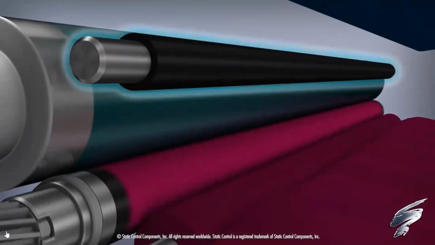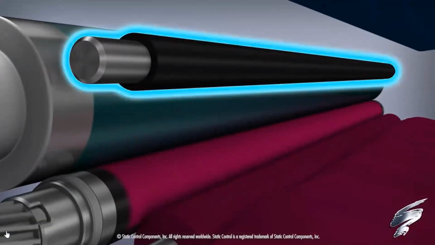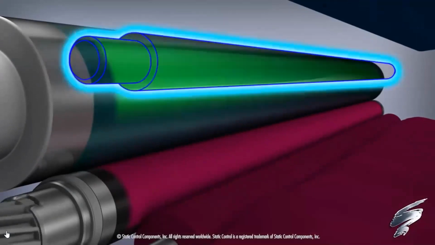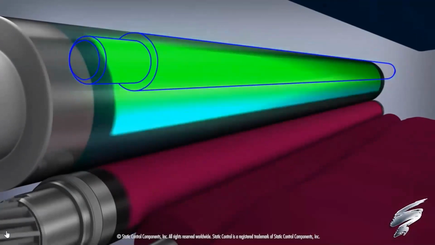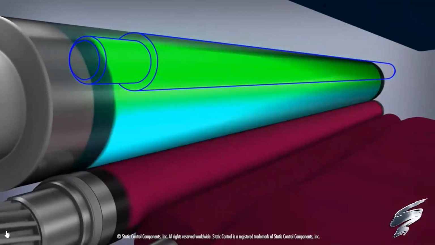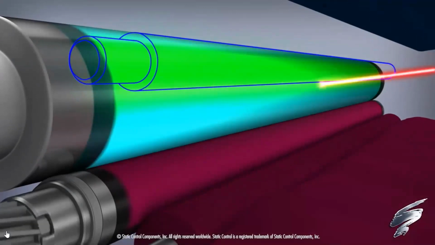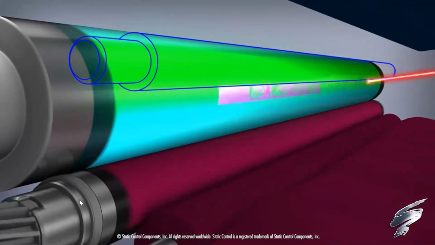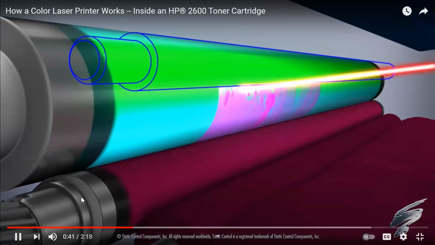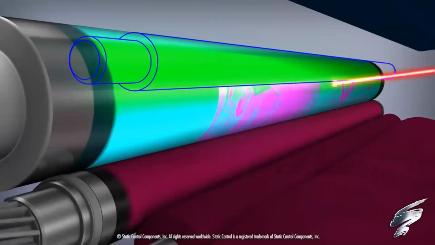The primary charge roller, or PCR, rotates next to the OPC drum and applies a negative charge to the surface of the OPC drum, which prepares it for the imaging process. The OPC drum is then exposed to a laser, which forms the image. This area is more positively charged than the areas not exposed to the laser.